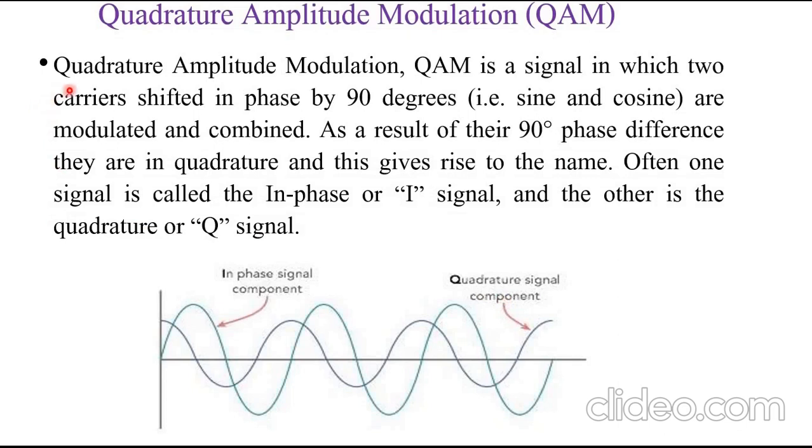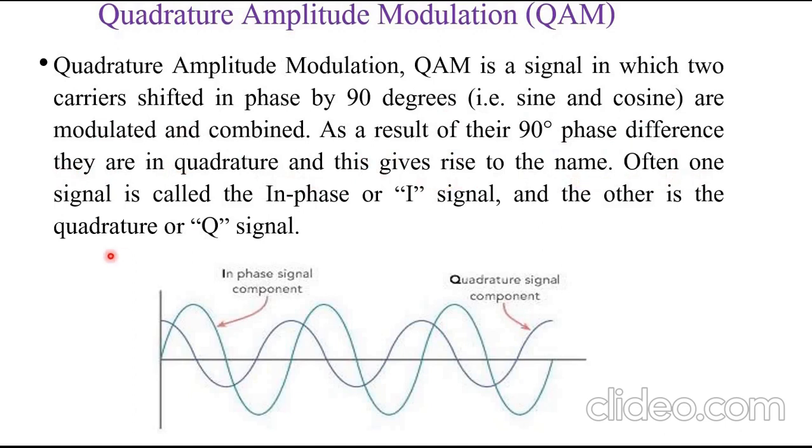Basically, QAM is a signal in which two carriers shifted in phase by 90 degrees, such that sine and cosine are modulated and combined. As a result of their 90-degree phase difference, they are in quadrature, and this gives rise to the name.